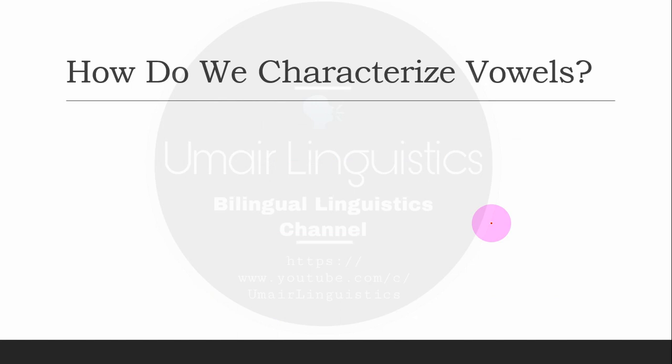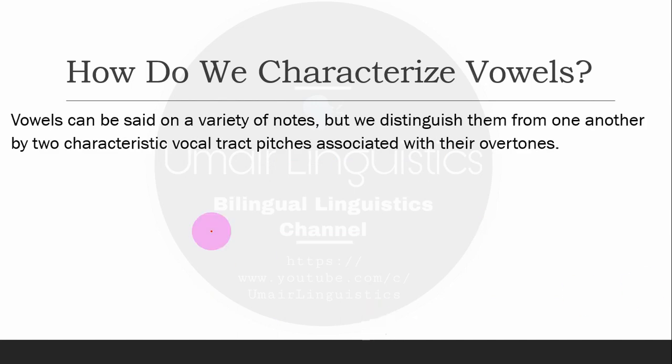So now we have looked at some aspects. So how do we characterize vowels? Vowels can be said on a variety of notes as we have discussed, but we distinguish vowels from one another by two characteristic vocal tract pitches. So vowels are distinguished on two pitches associated with their overtones.